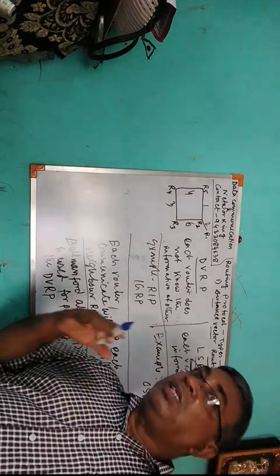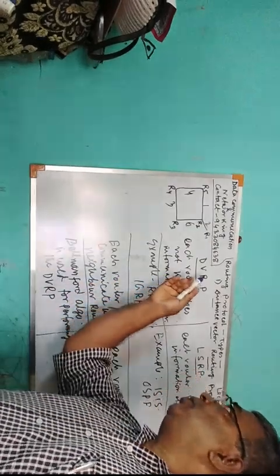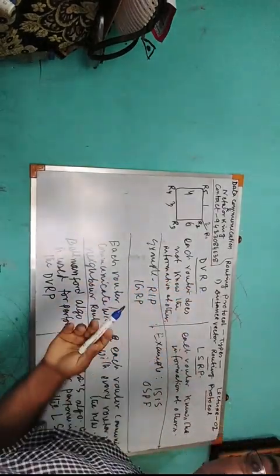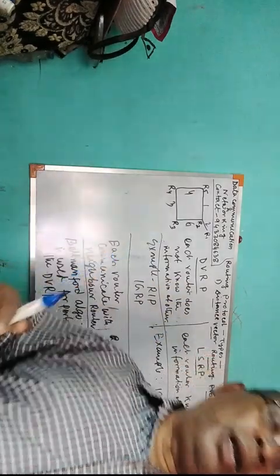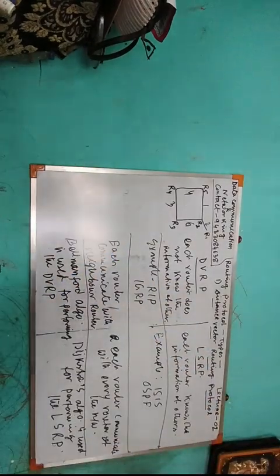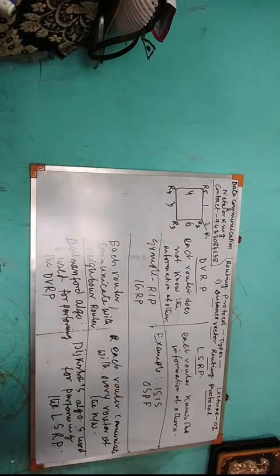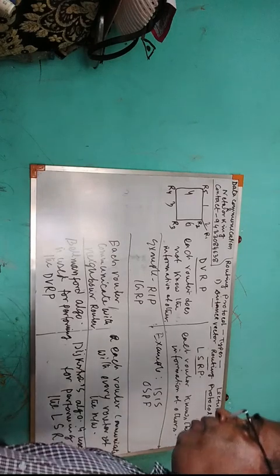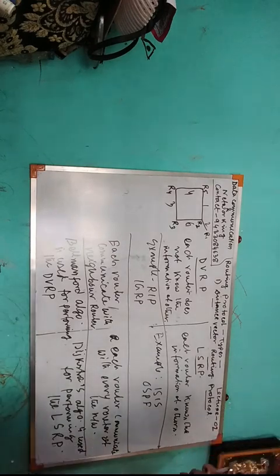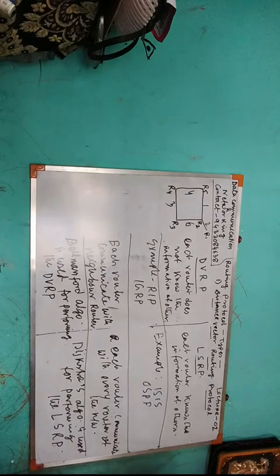Both have the same purpose, but we can define them separately. So this is the main difference between link state routing protocol and distance vector routing protocol.